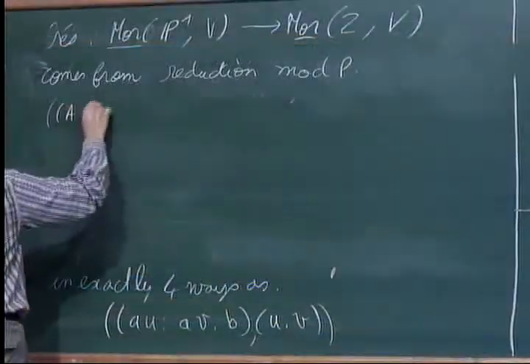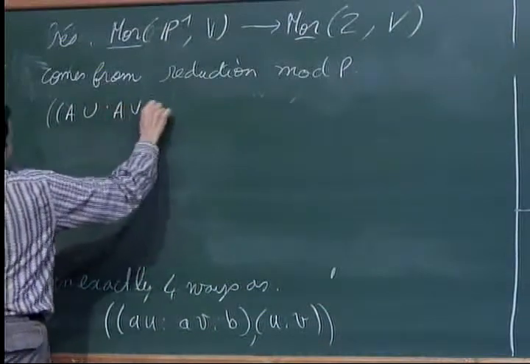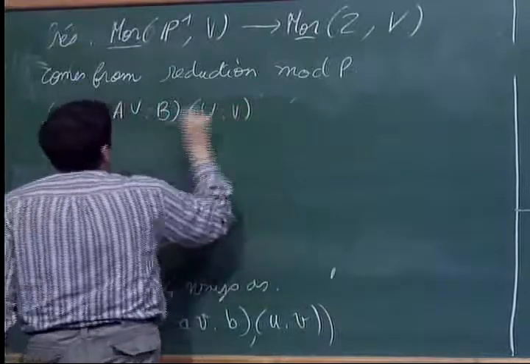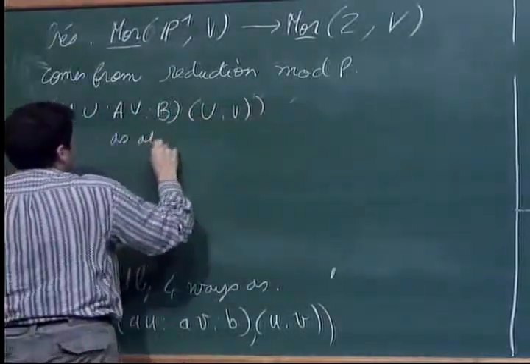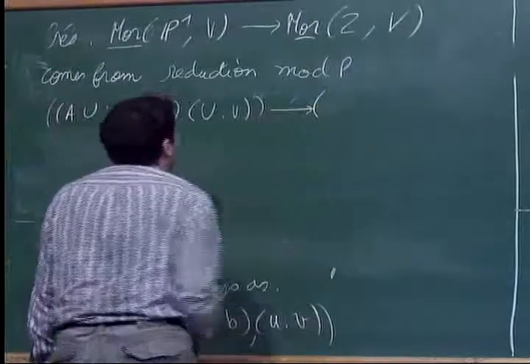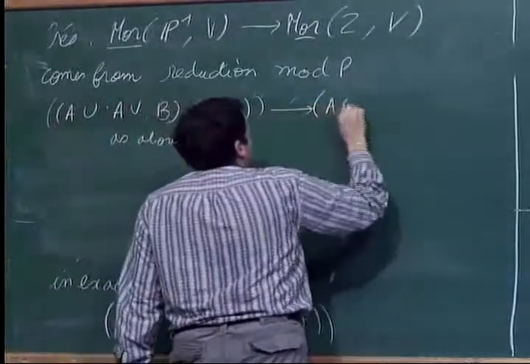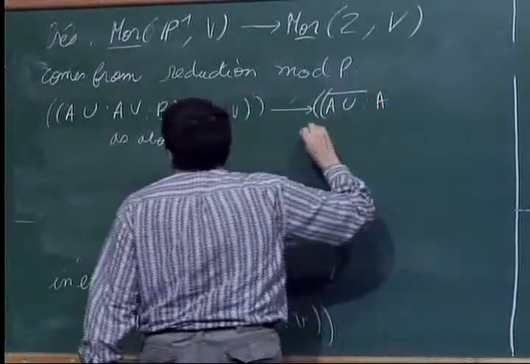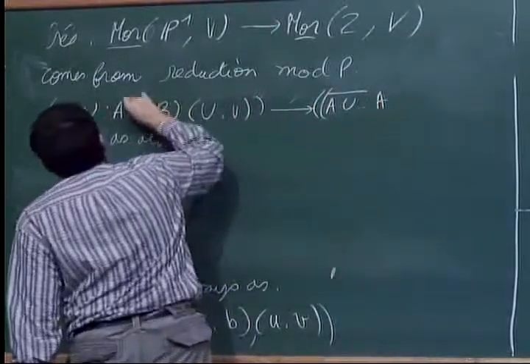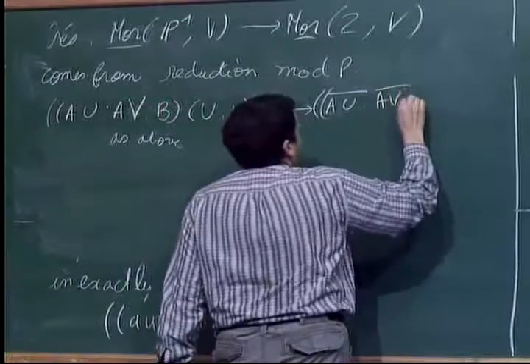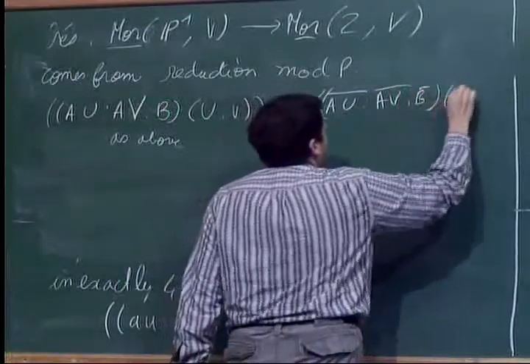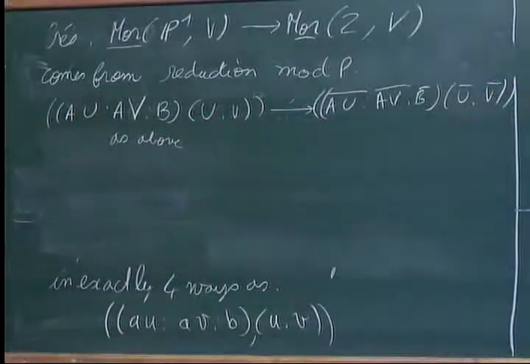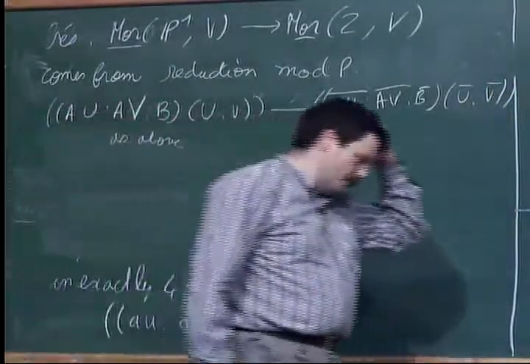So A, U, A, V, B, U, V, as above, is sent upon their classes over K[T] modulo P.